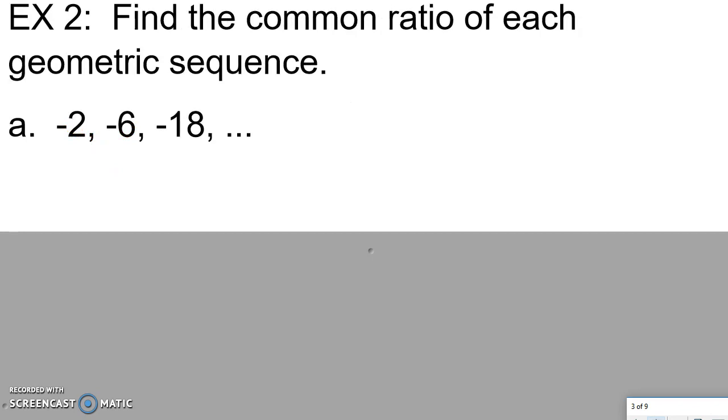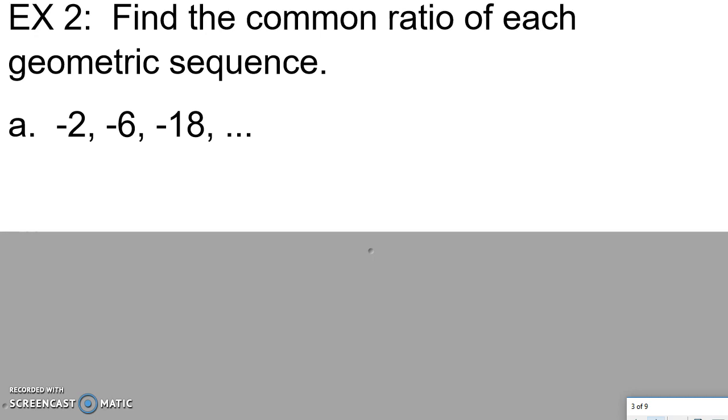All right, now I want to find the common ratio of each geometric sequence. So geometric sequences is where you multiply or divide every time. But with division, we say multiplication by a fraction. So when you're dividing by 2, really what you're doing is multiplying by 1/2. So we only use multiplication.